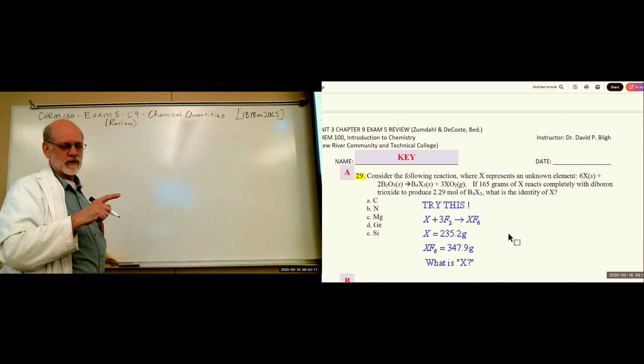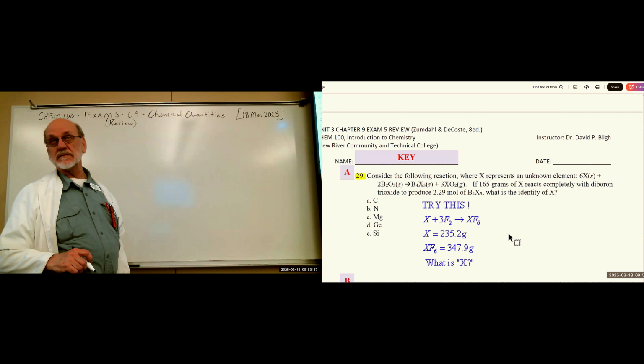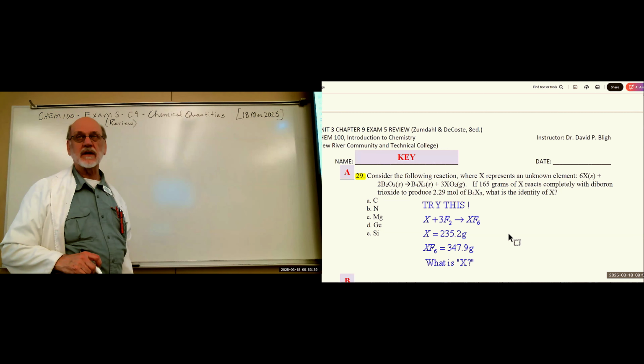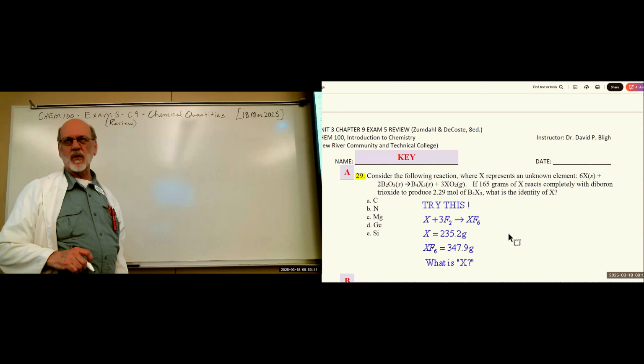Consider the following reaction where X represents an unknown element: 6X solid plus 2 diborane. No, that's not diborane. Diboron trioxide.